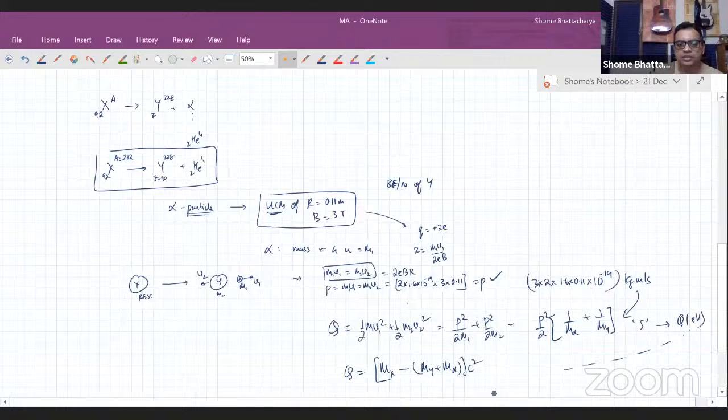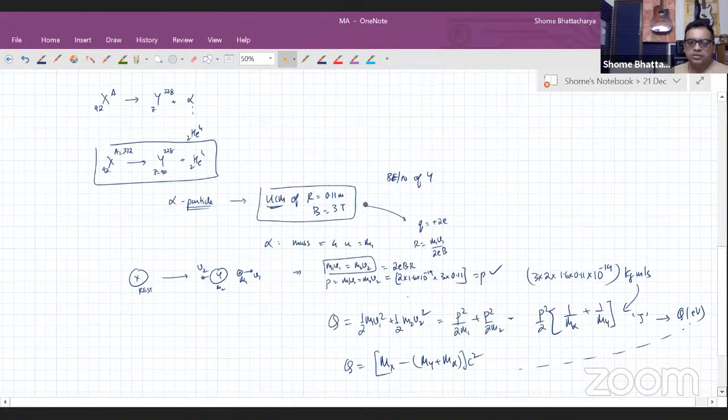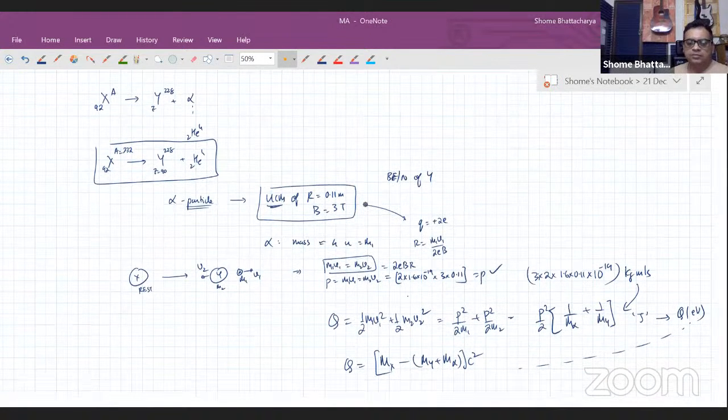Now you compare with this equation. Don't worry about the explanation, just listen to what I'm saying here. So see, you have got the momentum of the alpha particle, that is from the circular motion part, right? This much is clear. Okay.